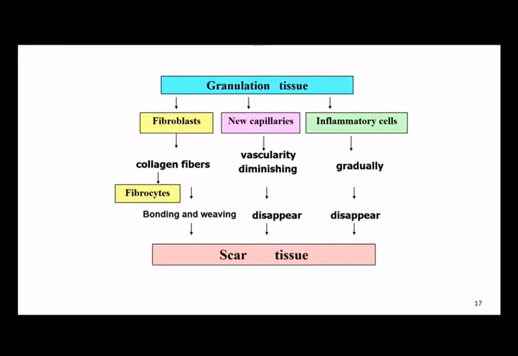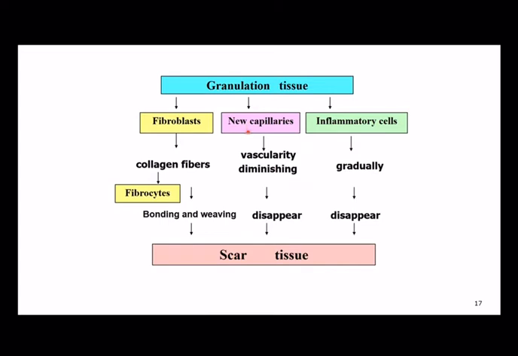Let's look at this diagram. As we know, the granulation tissue has 3 main components: the fibroblast, newly formed capillaries, and inflammatory cells. The fibroblasts synthesize lots of collagen fibers. Then the fibroblast will be surrounded by collagens and gradually lose the capacity of synthesis and transform into inactive fibrocytes.